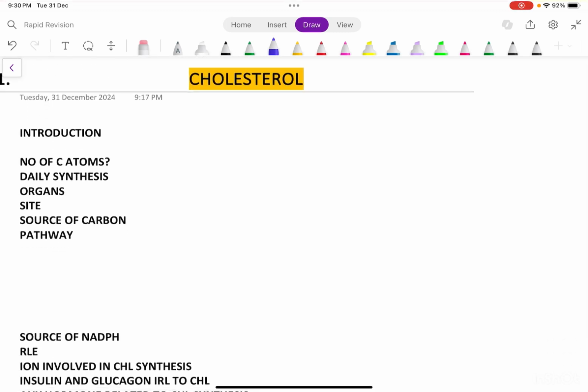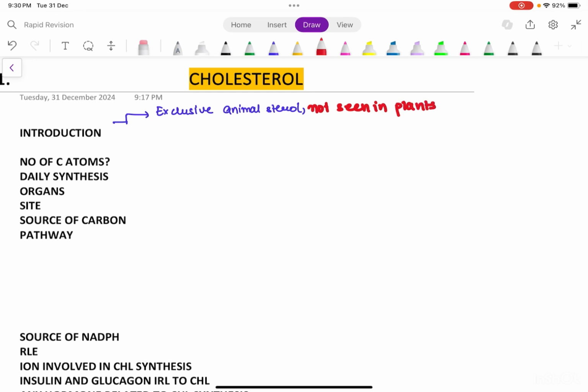So first of all, for the introduction, you just need to remember 2-3 points. So the first point being that it is an exclusive animal sterol and it is not seen in plants.